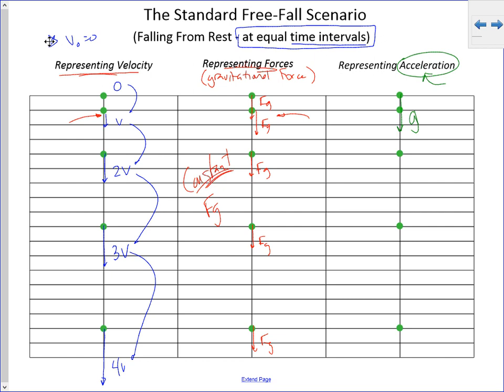Why did I make it 2.5 blocks long? I don't know, because I felt like it. And after this next amount of time, well, it still accelerates at the same rate. It still accelerates at the same rate. It's still 2.5 long, accelerates at the same rate.